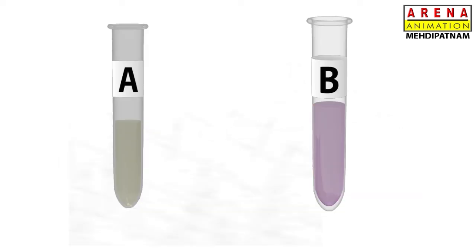The color of the copper sulfate solution in which the iron nail was dipped changes from blue to green, and the color of the copper sulfate solution in test tube B is the same.